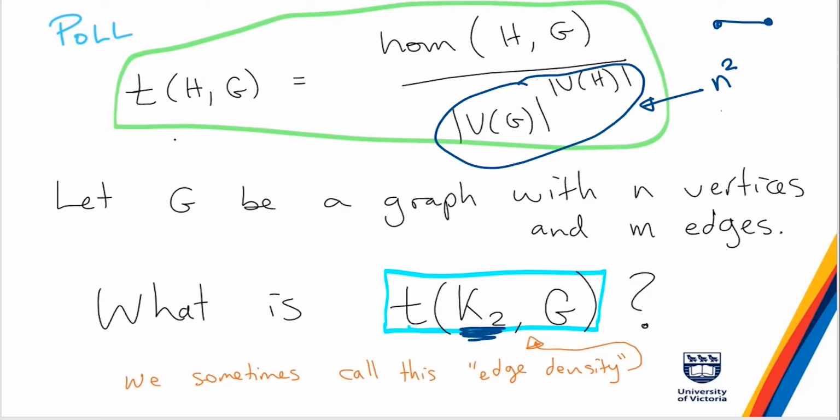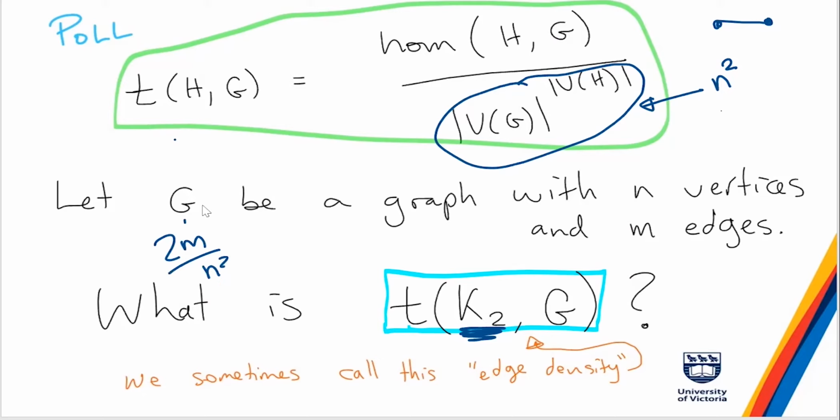And if I take a function from K2 to G which doesn't map to an edge, then it's not a homomorphism. So there's a one-to-one correspondence between directed edges of G, where you take an edge and orient it this way or that way, and homomorphisms. So the answer ends up being 2m over n squared.